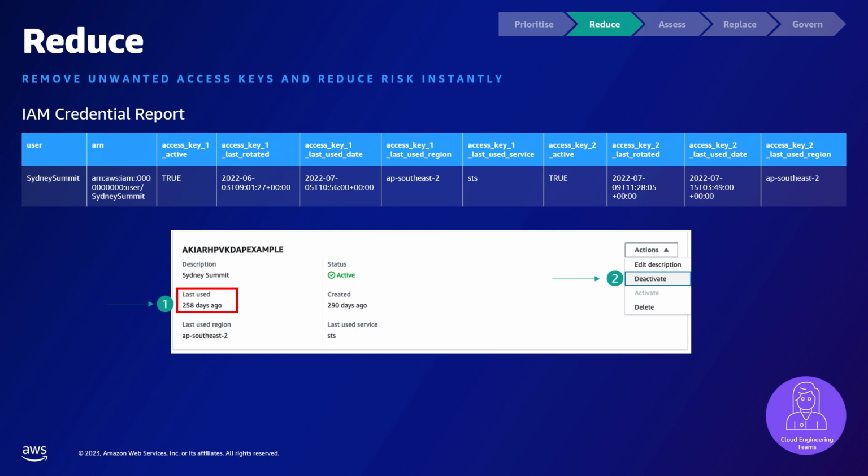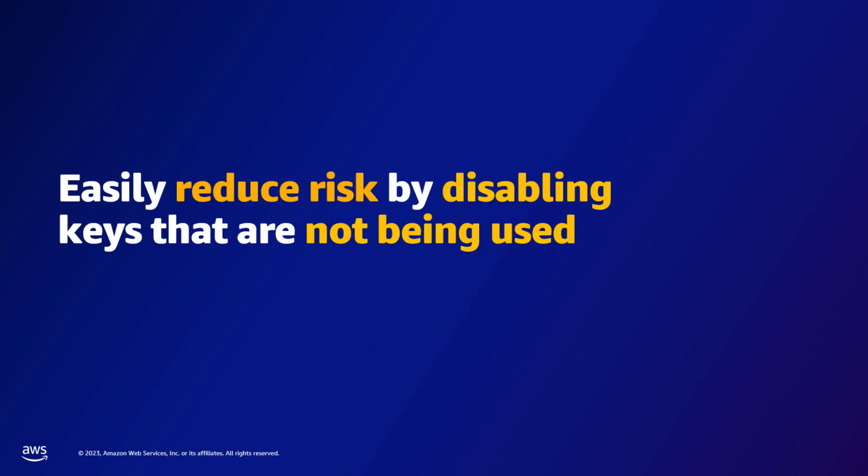Alternatively, if you're comfortable and familiar with the command line or CLI, here is a simple command to help you deactivate the key by saying aws iam update-access-key, saying the access key ID, changing the status to inactive, and also the username. So, often in most cases, we see that this is just a hygiene problem of unused access keys being left over in the environment. Therefore, one quick way to significantly reduce risk is by disabling keys that are not being used.